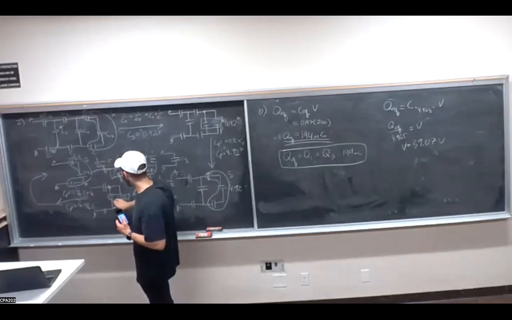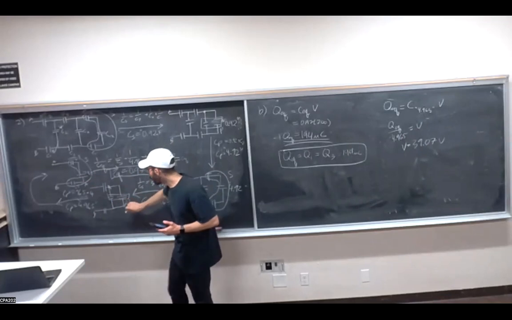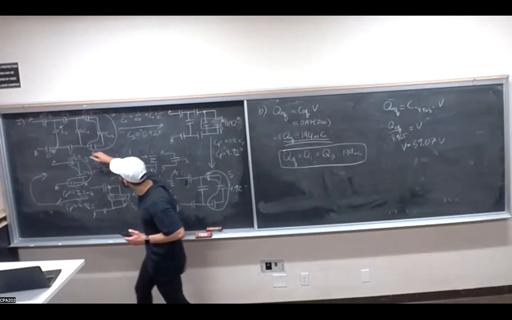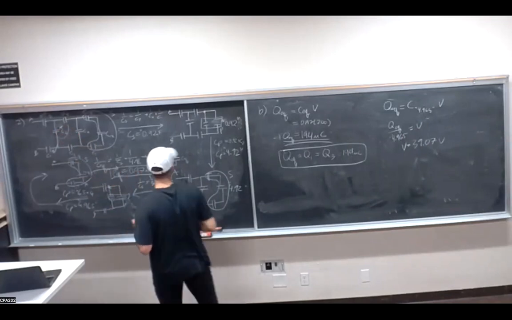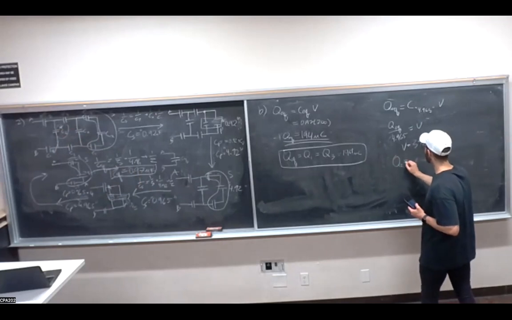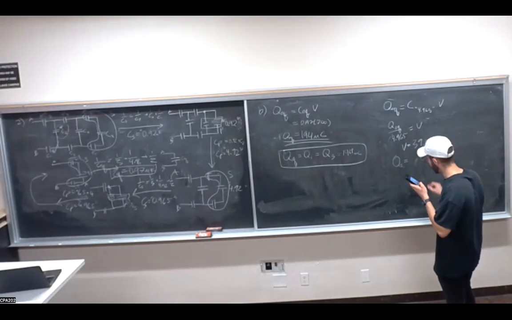Okay, so now we found the voltage at this position. Remember that the voltage of capacitors in parallel are the same. So therefore, we know the voltage of this position, where this position here equates to this position. So now we can say Q2 is equal to, I think it's 4, right?